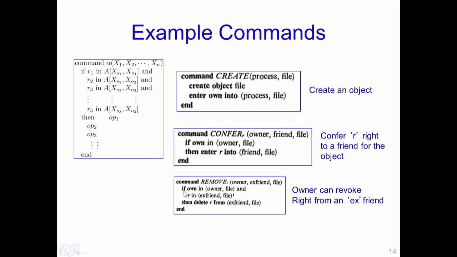So, the command looks like this: if own is in the owner comma file, that is if owner is indeed the owner of the file, and the right R is present in X friend comma file, then delete R from X friend comma file. Therefore, we can remove the right R, which could be a read or write or execute right, on the file with respect to X friend. Essentially, the X friend subject will not have the right R on the particular file.